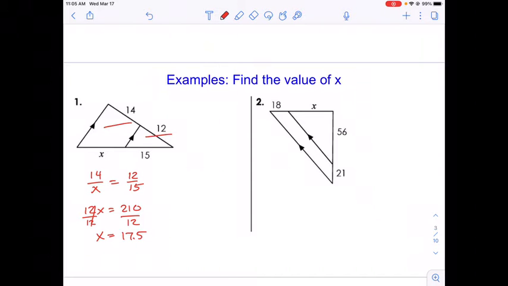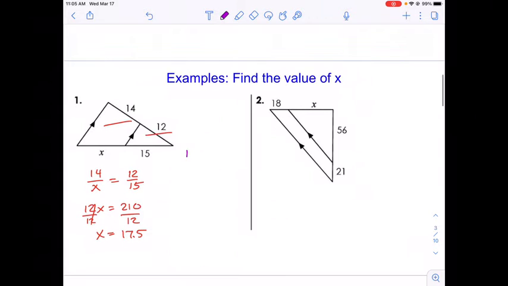Now, if I work it a different way, I could say 14 is to 12 as x is to 15. Notice that 14 would be using the whole side of this triangle, and x over 15 would be the other side of the triangle.